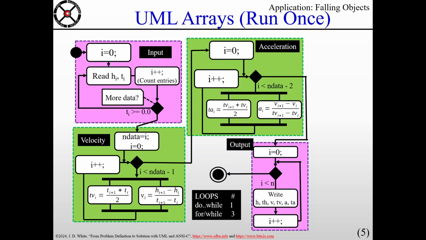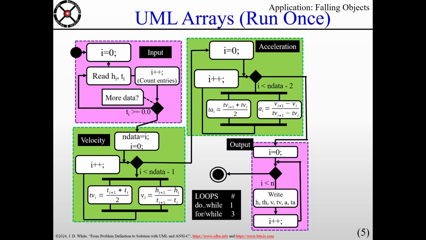So this way you can see, for input I've got a loop. For calculating velocities I've got a for loop, or some sort of loop, and accelerations are a loop, and output is a loop. In particular, in the first loop, when we're reading, we don't know how much data we have.